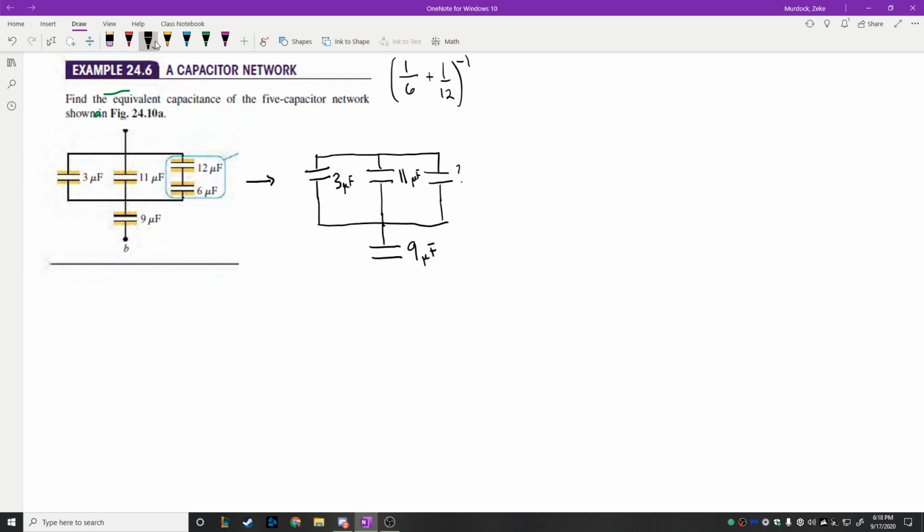A 6th plus a 12th is the same as 2 over 12 plus 1 over 12, so this is 3 over 12 to the negative 1, which is 1 over 4 inverse, you get 4. So yeah, that's right. This is going to be 4. Any questions?